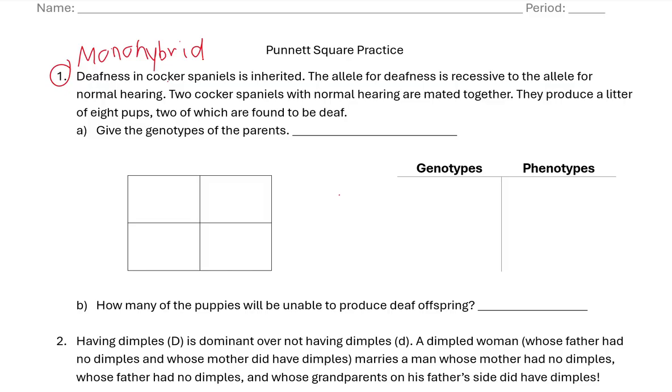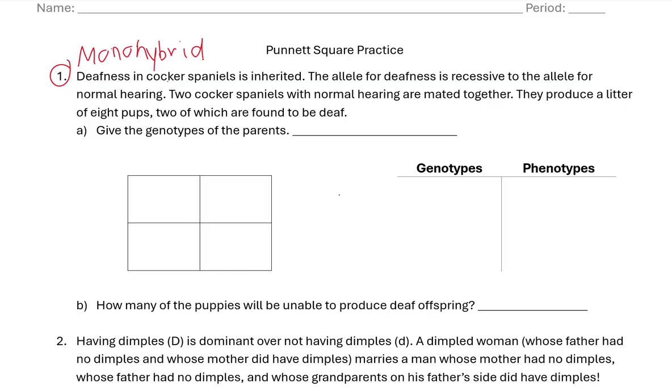Now, when we're looking at a Punnett Square practice problem, whether it be on a quiz or a test, these questions can be a little intimidating, and I like to break them down to make it a little easier for myself. So the first thing that I always do is I write the alleles, what letter they are.